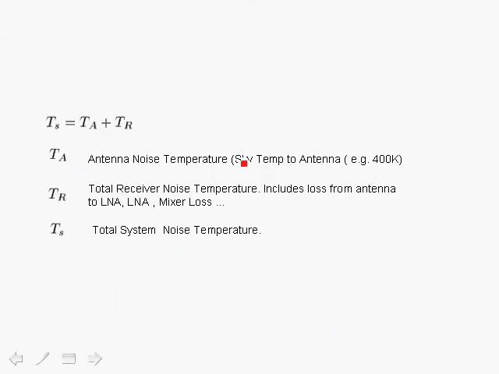The antenna noise temperature could be, for example, 400 degrees Kelvin, and is the noise that is introduced into the effective noise of the receive antenna, and this number depends on many factors, but we'll give you some typical numbers. Of course, the T sub R is the total receiver noise temperature and includes loss from the antenna to the LNA, the mixer, and other losses throughout the system.